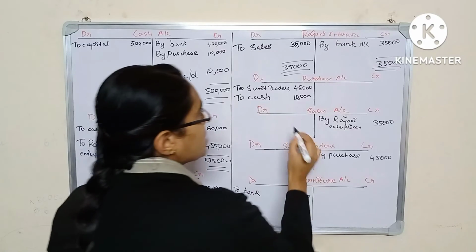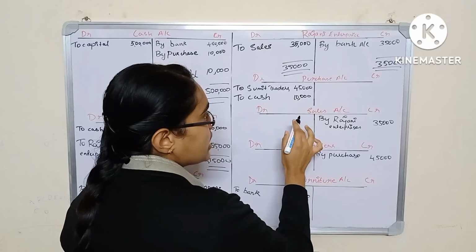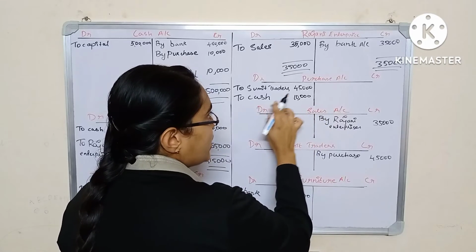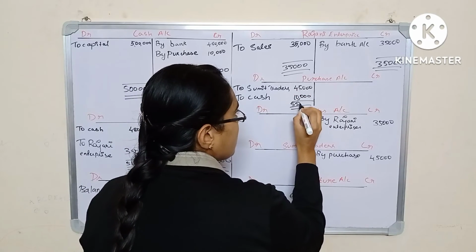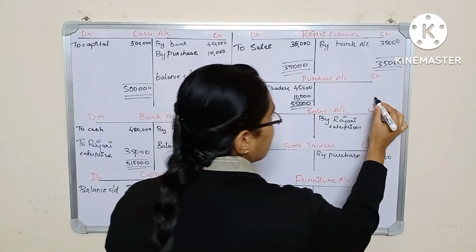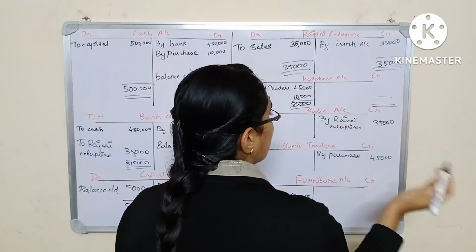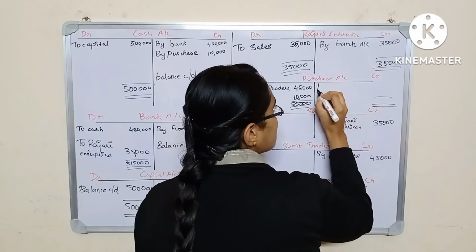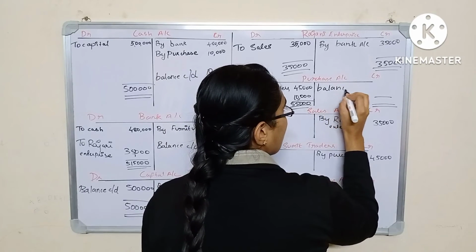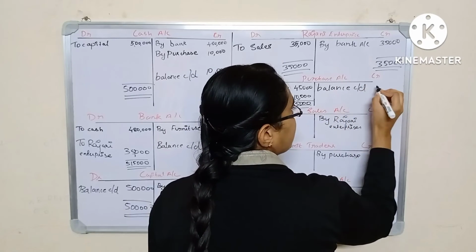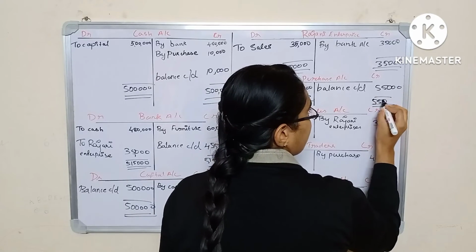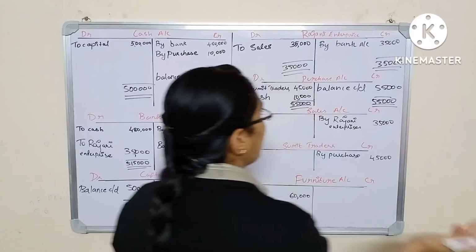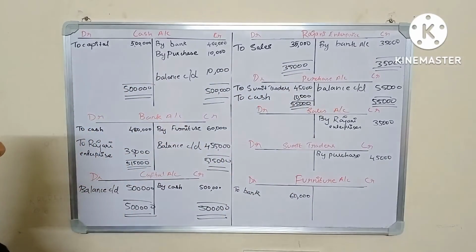Now let us look at the purchase account. For purchase account we have a debit side total of 55,000, and in the credit side it is nothing. There is no transaction recorded. So how much will you write? Balance carried down is 55,000 itself. Total is also 55,000. So you have balanced the purchase account as well.